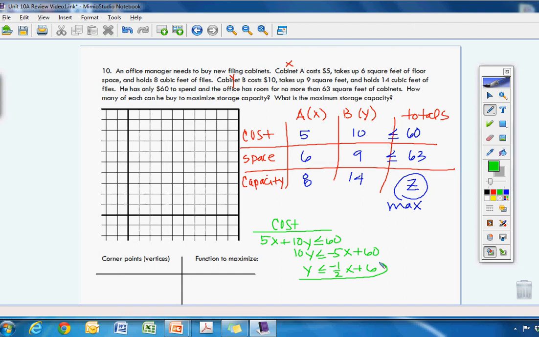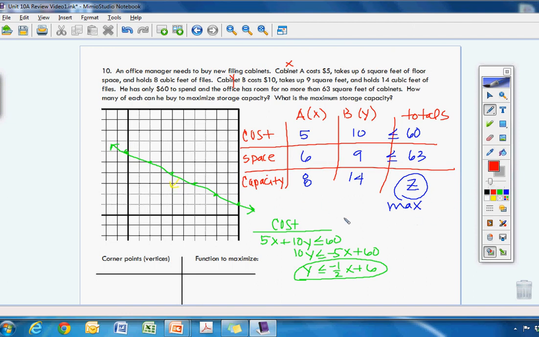So I'm going to graph this. 1, 2, 3, 4, 6. And I'm going to go down 1/2. And this is less than, so I know that the shading is going to happen this way.